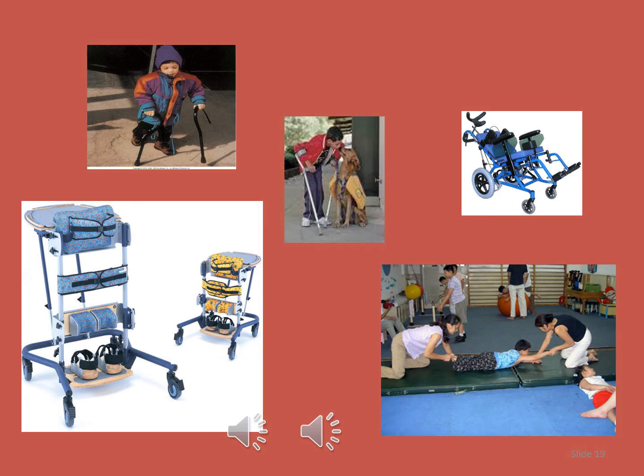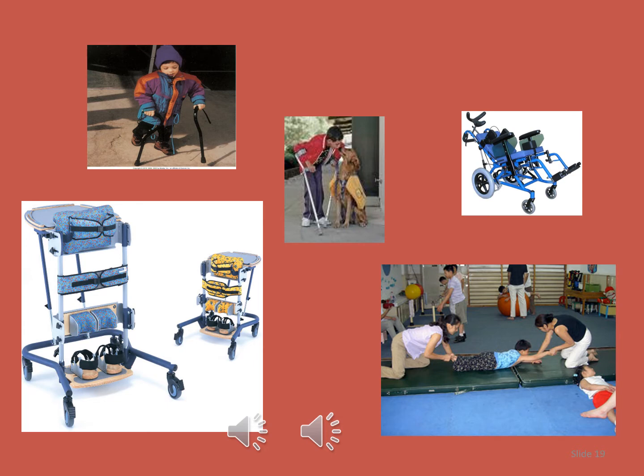Nutrition is important. If they have problems with feeding, we sometimes need special feeding techniques for oral motor skill. Sometimes in severe cases they need enteral feedings in order to have enough nutrition for growth and development.